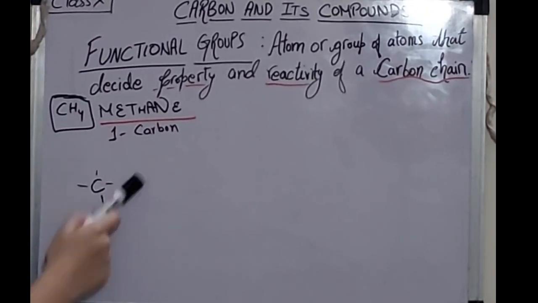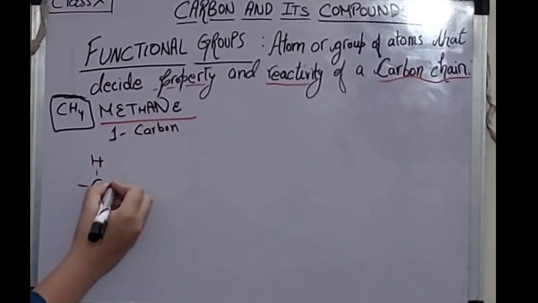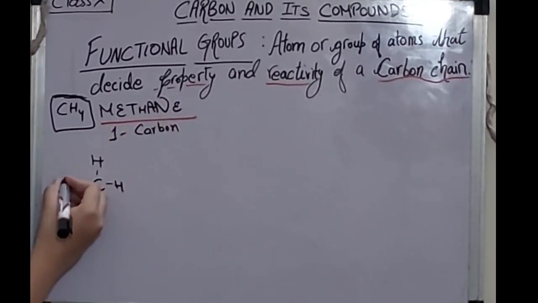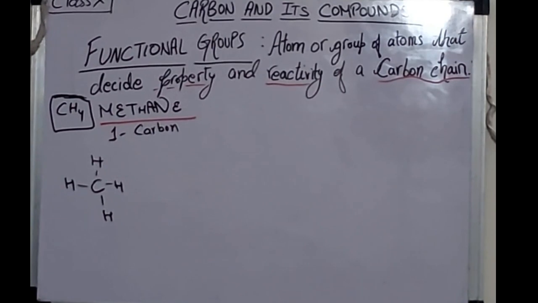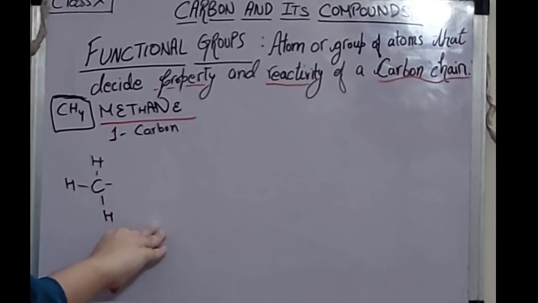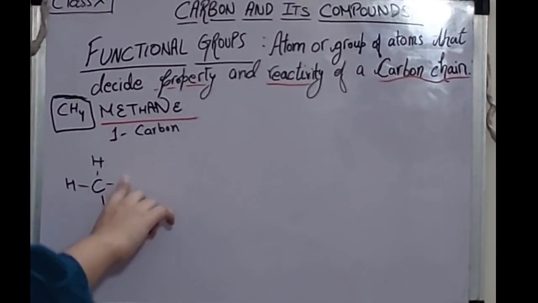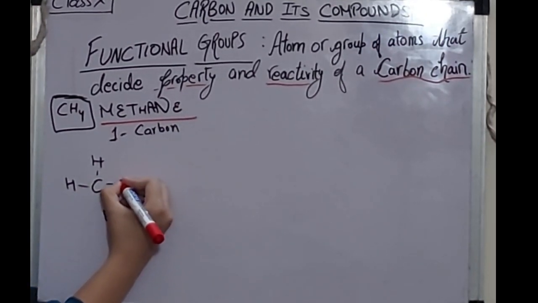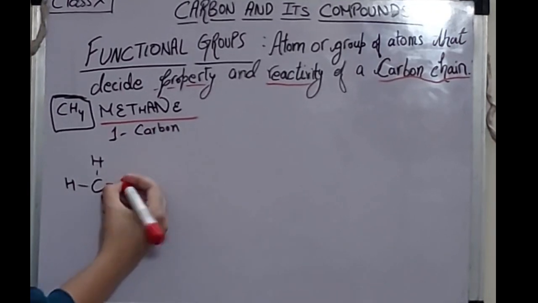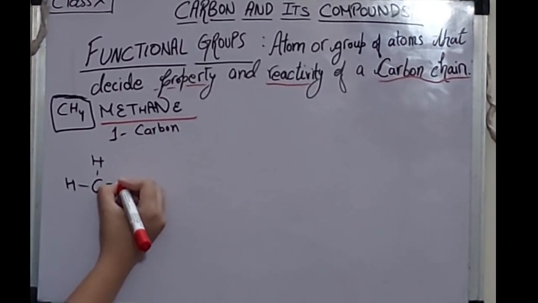I have to fill them with hydrogen because I don't have any other element here. So this is what CH4 looks like. Now, let me say that we remove this hydrogen and put chlorine here.